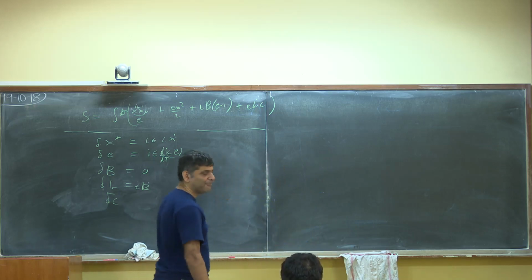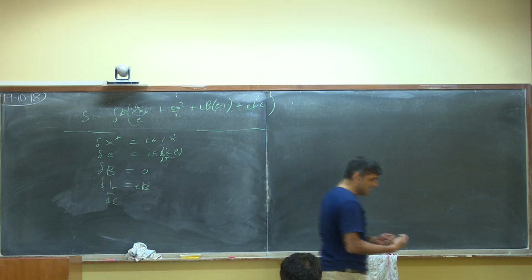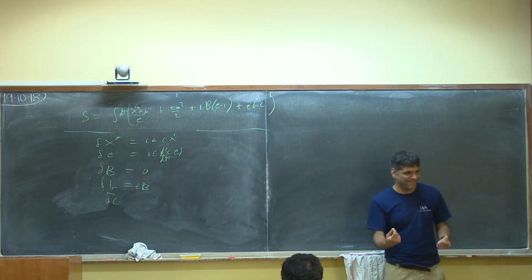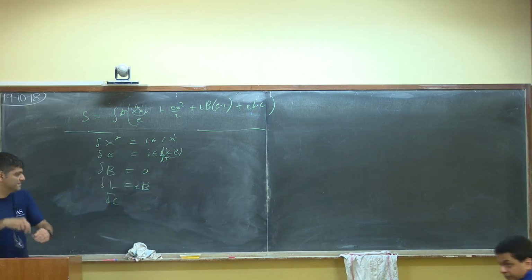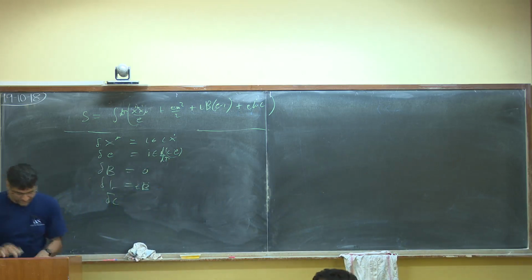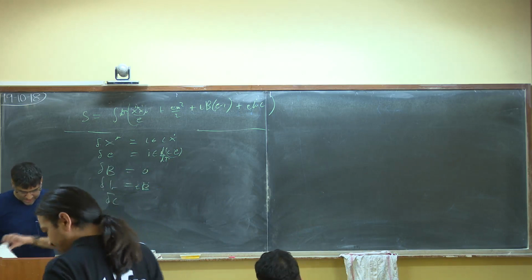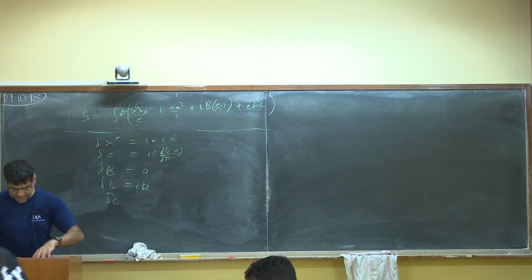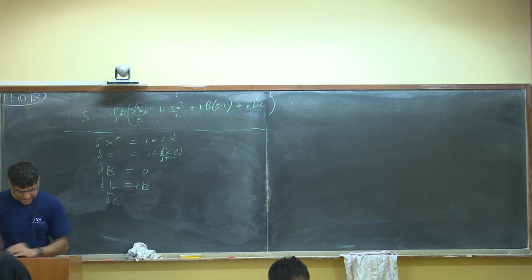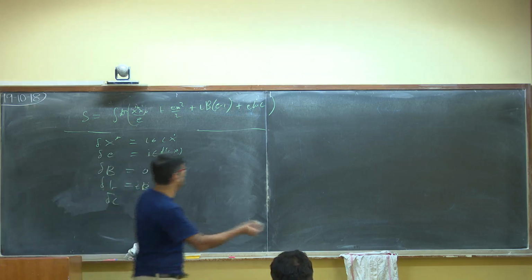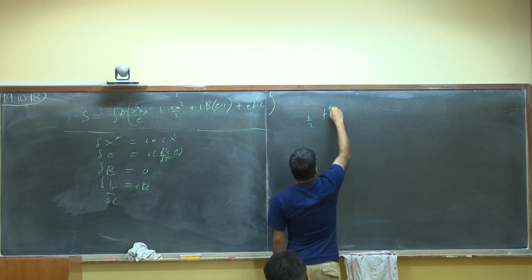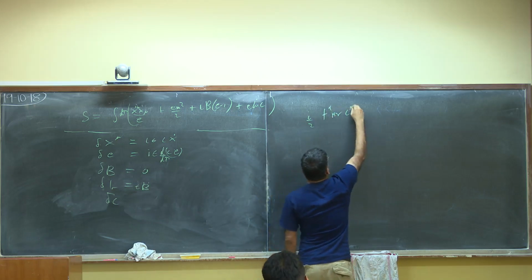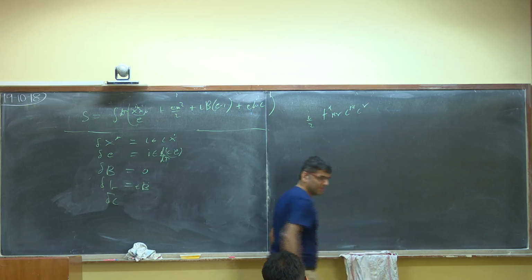Okay, so the two c's were labeled by two different points. You remember, the general structure was, maybe we can just work it out. The general structure was, if somebody has it, in the general form, was there an i by 2, f alpha beta gamma c beta c gamma?